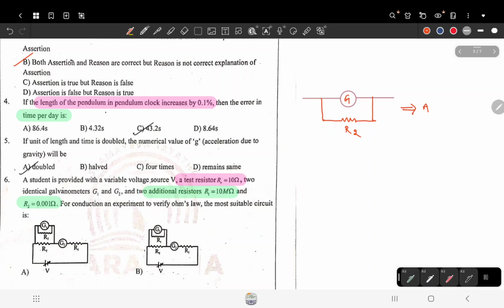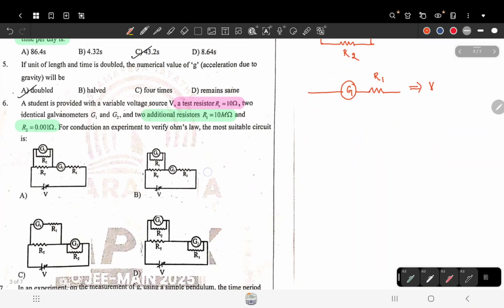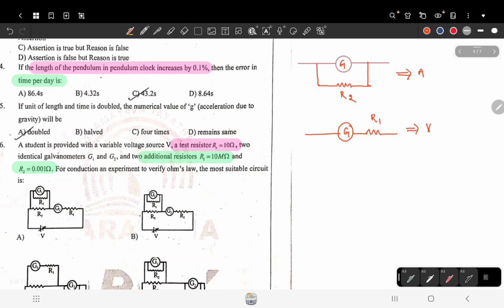In the same way, if I want to convert that into a voltmeter, I have to connect a resistance which is having a high value in series with it. Then that will become a voltmeter. So that is ammeter as well as voltmeter. Now have a look. Which is a voltmeter and which is an ammeter? For example, in the first case, I have G1 and R2.